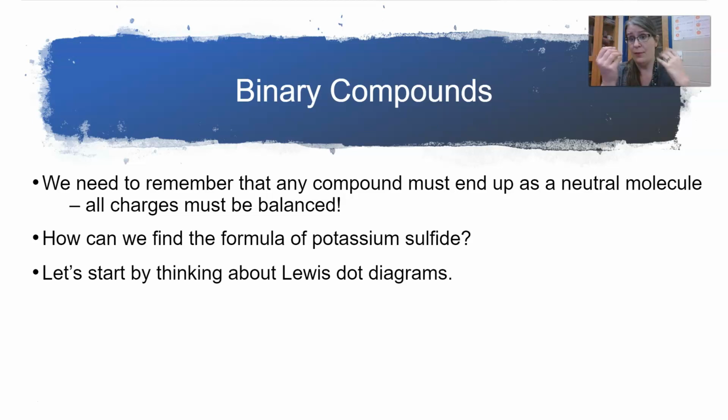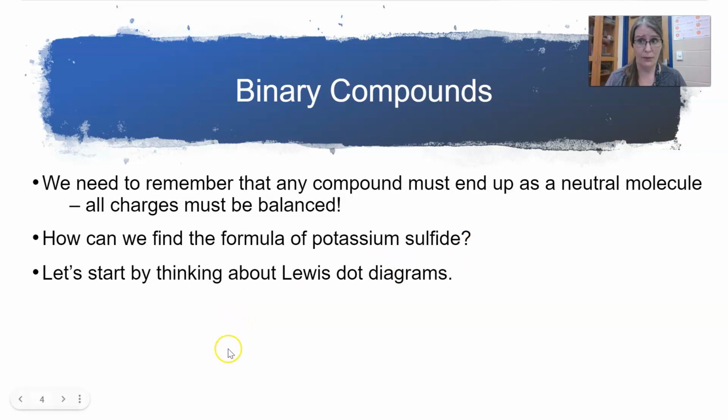Well, the name tells me that the metal in here must obviously be potassium, and sulfide, the sulf is sulfur that's been changed into sulfide. So we've got potassium and sulfur in this compound. So one way we could start is by thinking about those Lewis dot diagrams.